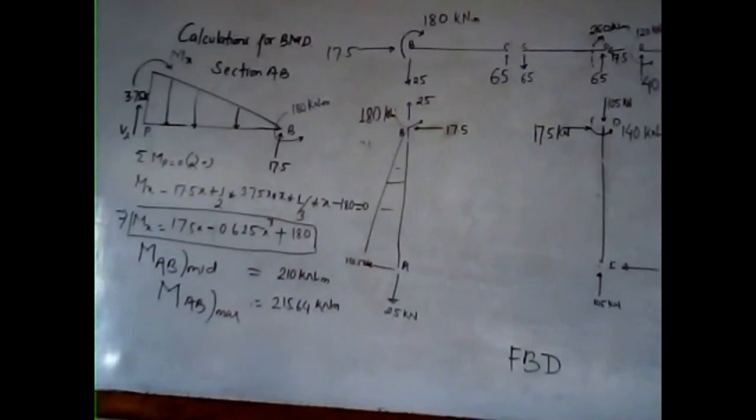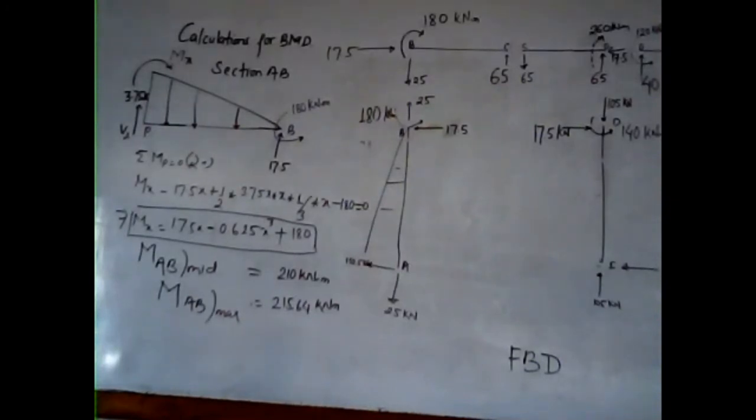So after finding this expression, we can determine the bending moment at section AB, that is at the section midpoint. Taking the midpoint of AB, x equals 4 meter, we will get M AB mid equals 210 kilonewton meter.